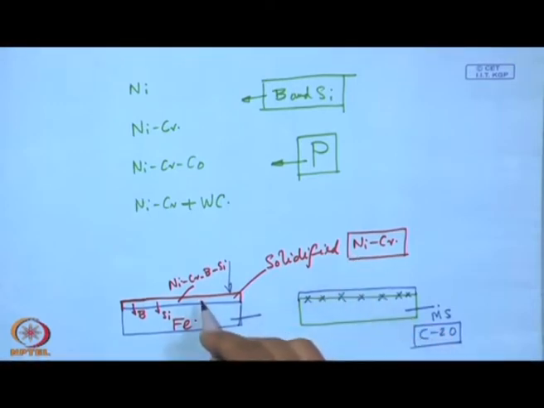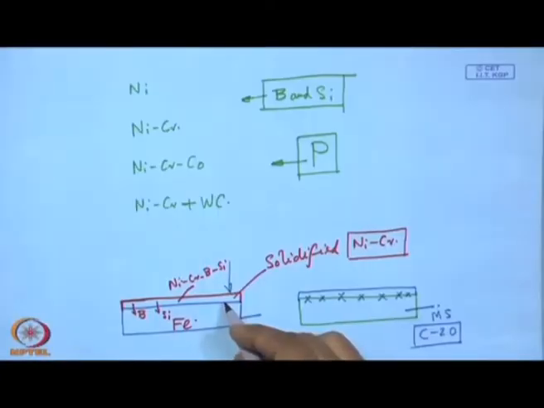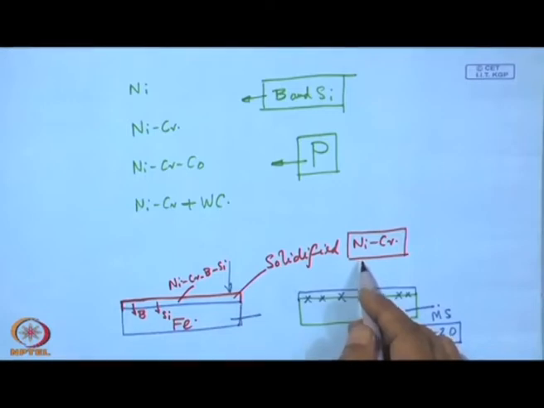If, with a particular combination of nickel, chromium, boron and silicon, the liquidus point was at say 1000, after melting and solidification this nickel chromium without boron and silicon cannot be liquefied at 1000.